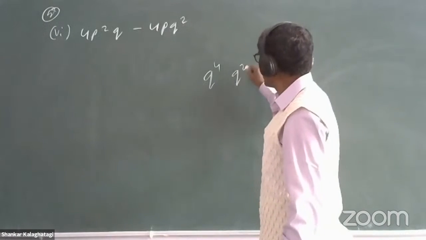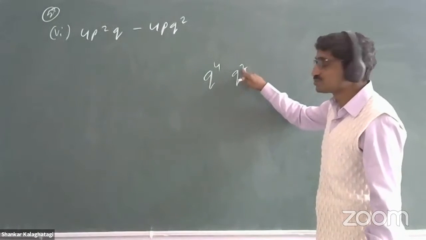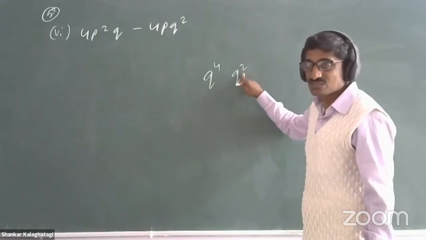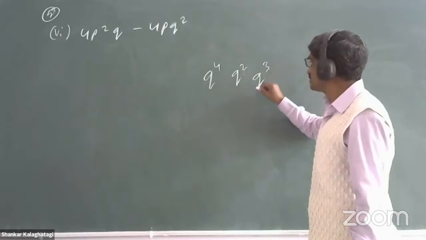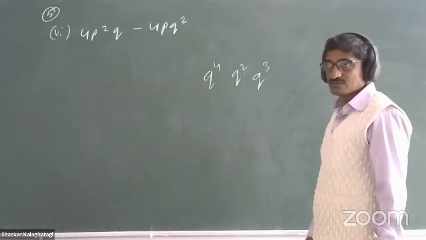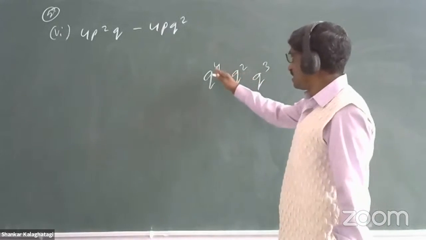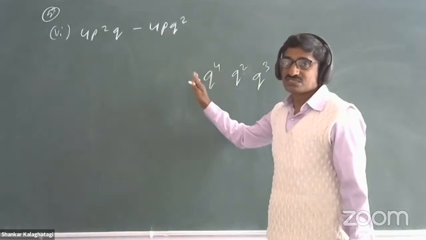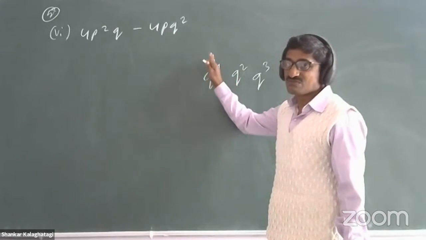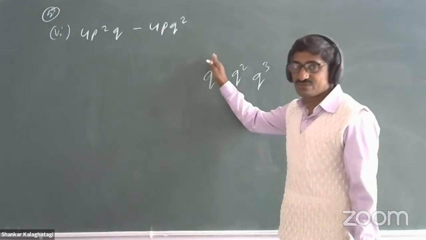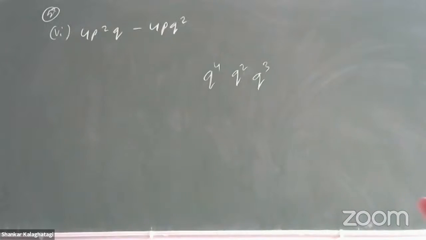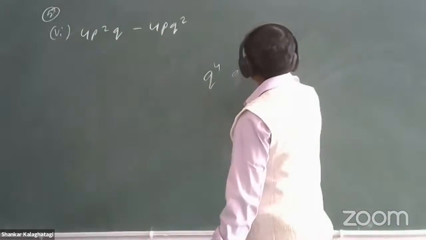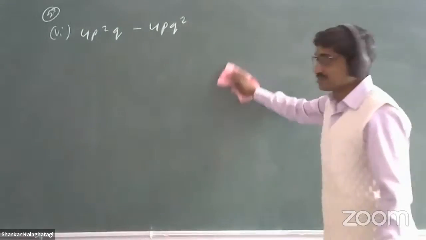And q to the power of 2 or q raised to 2 has got a special name, q square. This is q cube. From 4, 5 onwards, q raised to 4, q raised to 5, q raised to 6, like that we are going to read. Okay. Remember that. Don't forget.